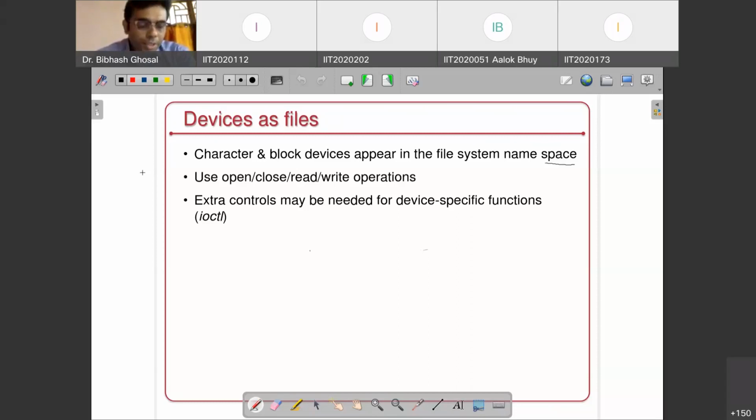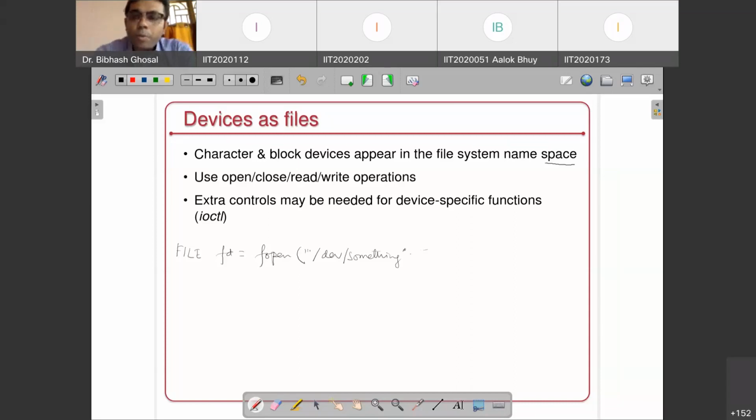So let's say I write code which is something like fd equal to, and I make use of a function called fopen, and we have something like, say, some device, opened in read-write mode.